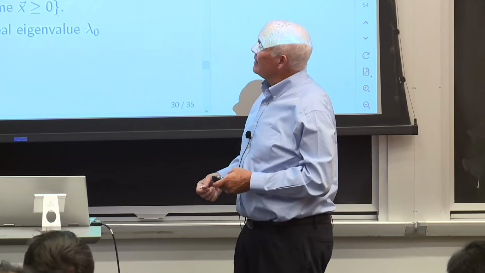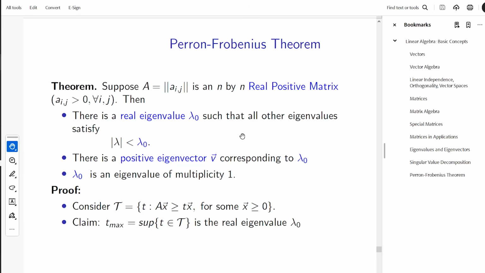Okay, let's see, these lecture notes on linear algebra finish with the Perron-Frobenius theorem. This theorem relates to matrices that are square with strictly positive elements.